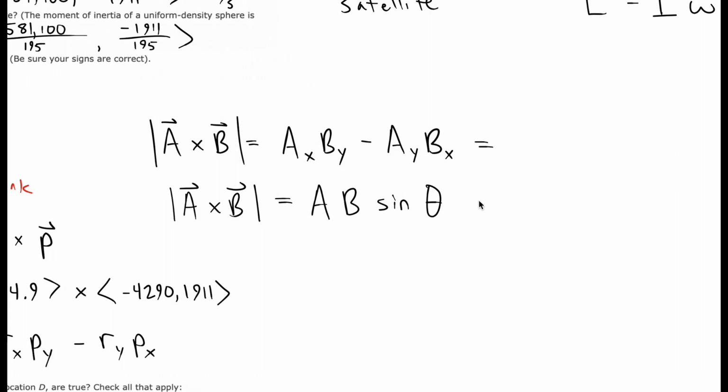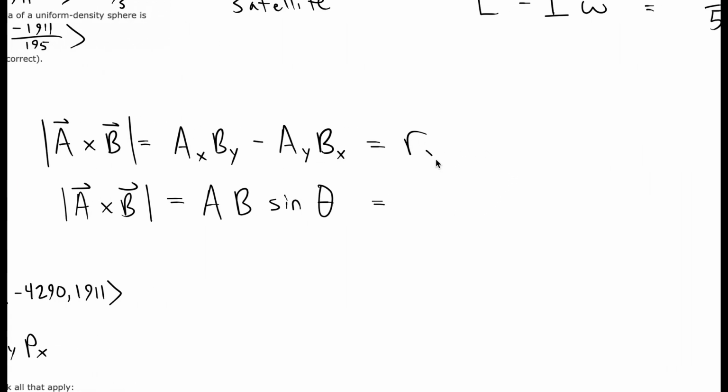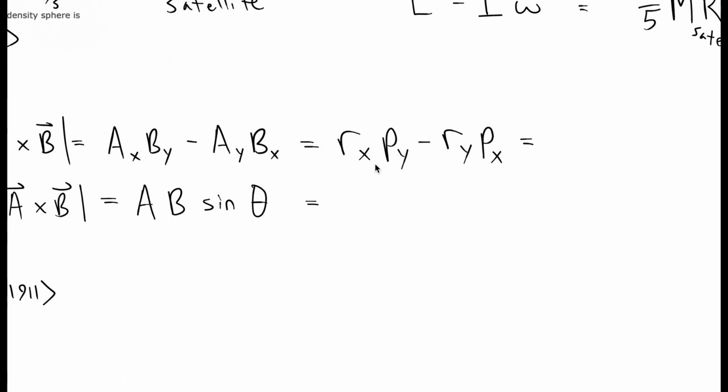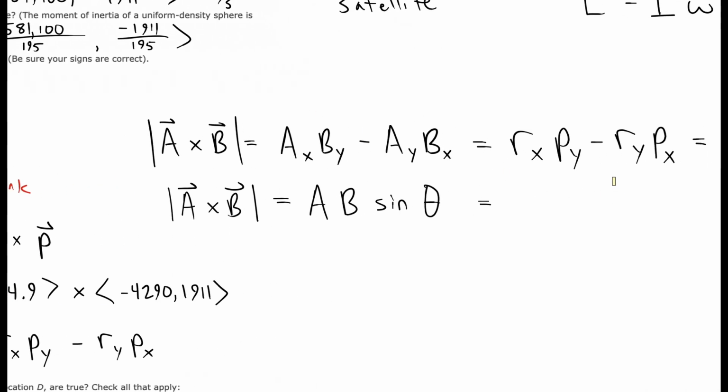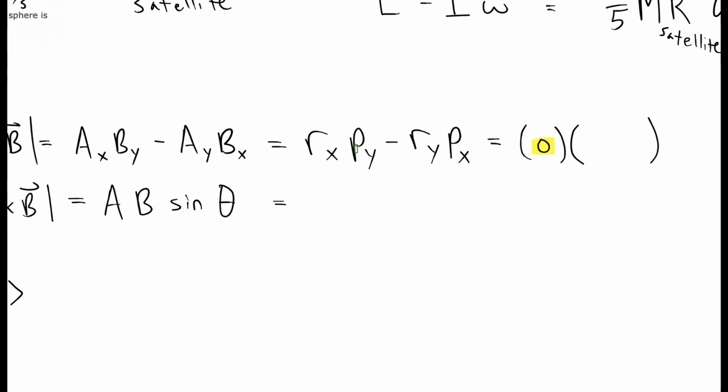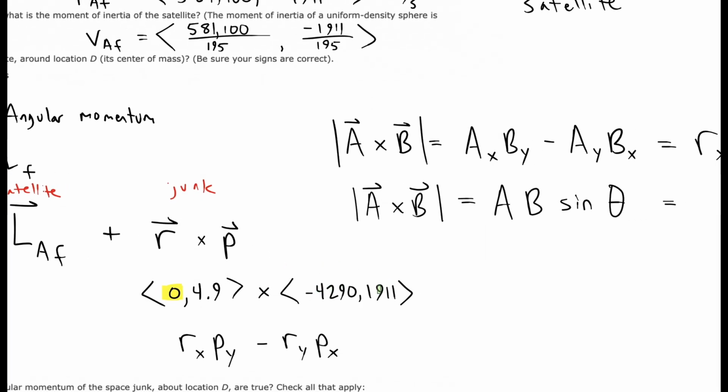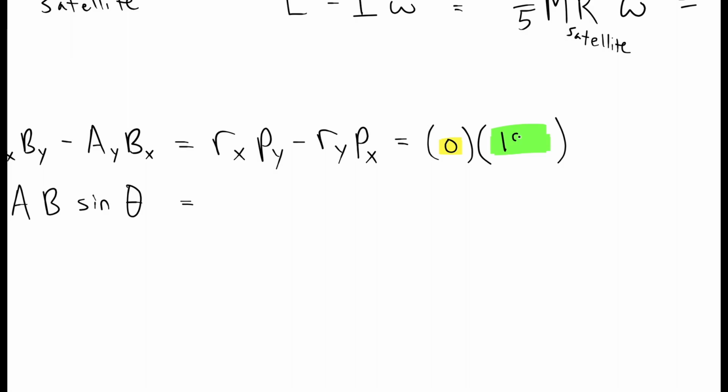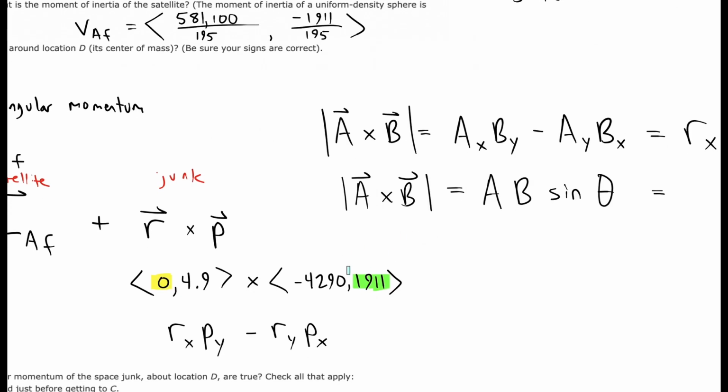So I'll do both ways. For Rx, we'll have 0. Rx was 0. Our Py component is going to be 1911. Ry is going to be 4.9.